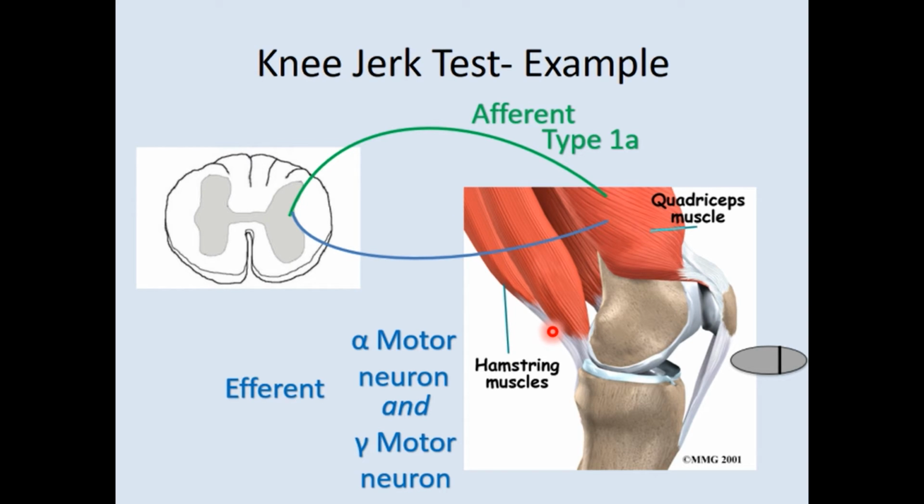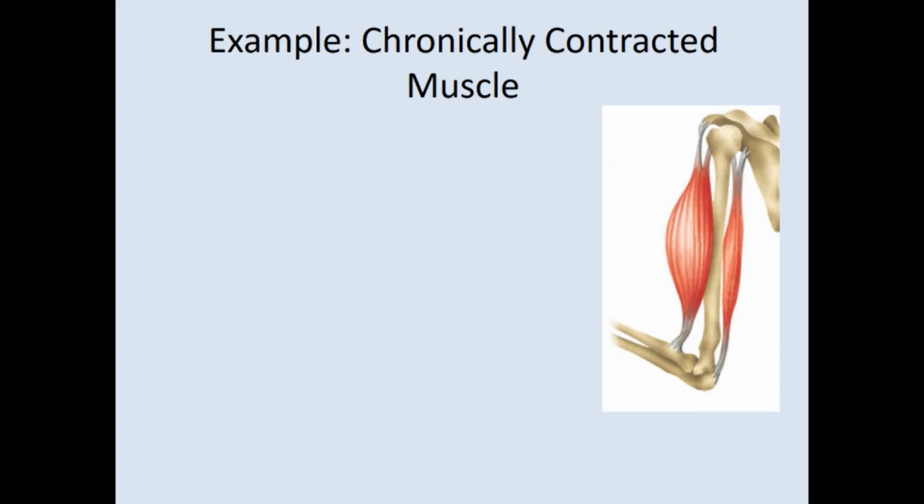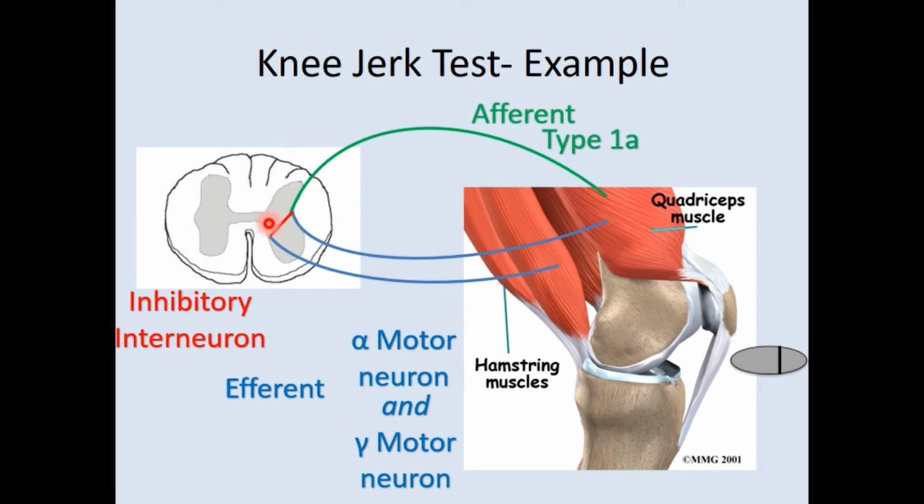And so we need those interneurons that we talked about to come in and prevent our hamstrings from firing. And so our interneurons are going to come into effect, and they're going to inhibit the contraction of our hamstring muscles over here.